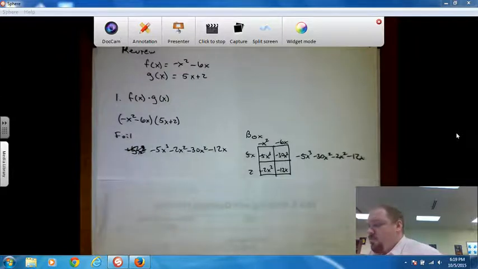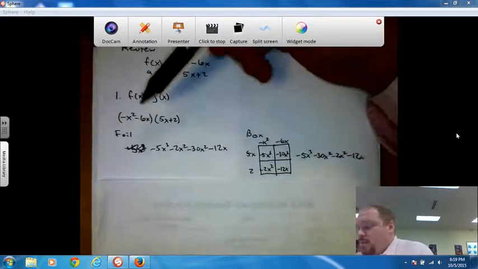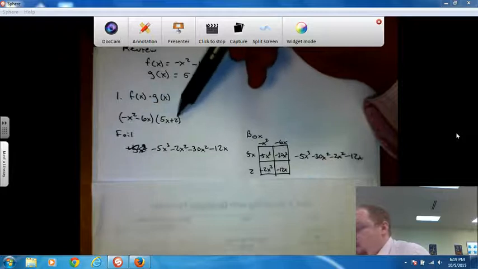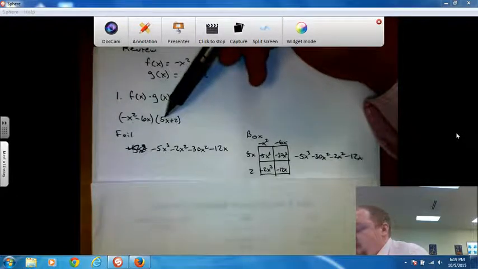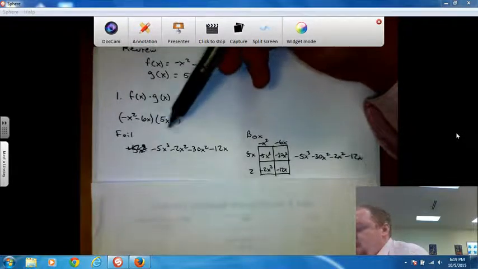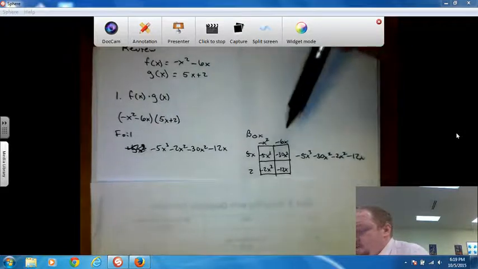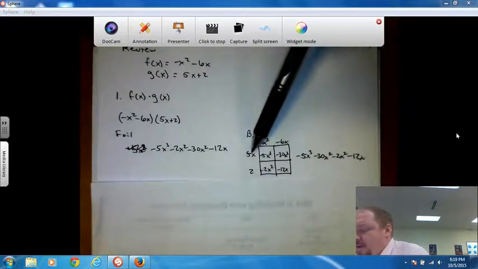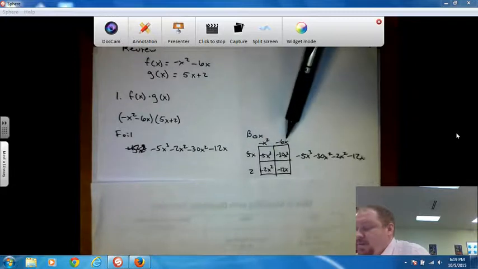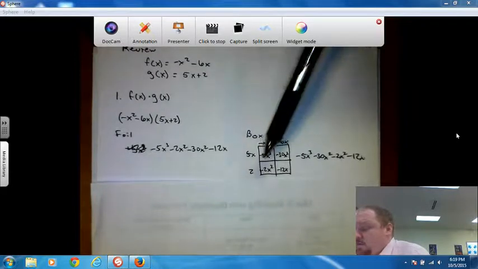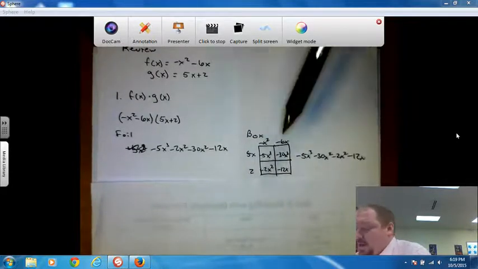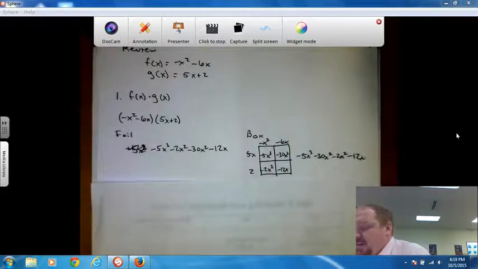You're going to do negative x squared times 5x, negative x squared times 2, negative 6x times 5, negative 6x times 2. Over here in the box, you're going to multiply 5x times negative x squared, 5x times negative 6x, 2 times negative x squared, and 2 times negative 6x.